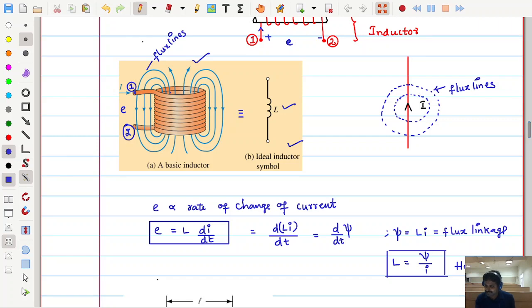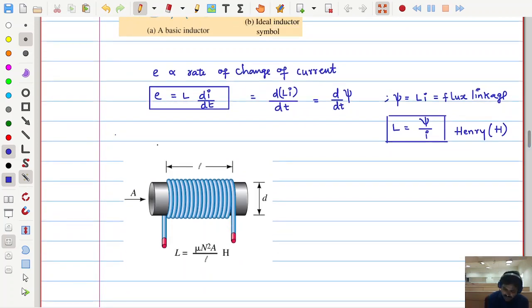It establishes the flux. That means it is opposing the change in current, meaning it tries to oppose the sudden change in the flux. So this is the basic property of inductance. So I can write here: inductance opposes change in current.